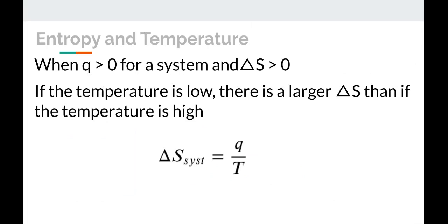So when the heat transfer is positive and the entropy change is positive, then that means if the temperature is low, there is a larger entropy change than if the temperature is high. Now, this general argument that we're making here, you don't have to do any real calculations with this.